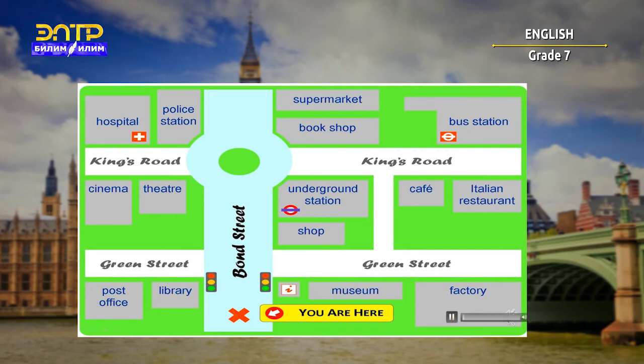A. Go straight on, then take the first left onto Green Street. Walk past the library and it's the building next to the library on the left. B. Go straight on, go past the traffic lights, you'll see a shop on the right. Go past that and it's on the right next to the shop.